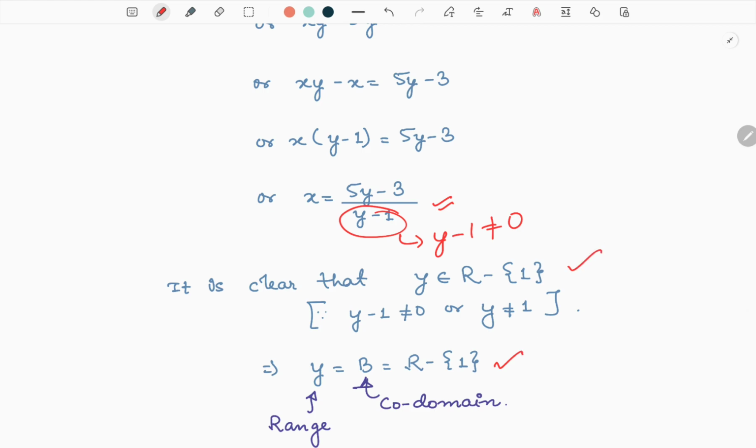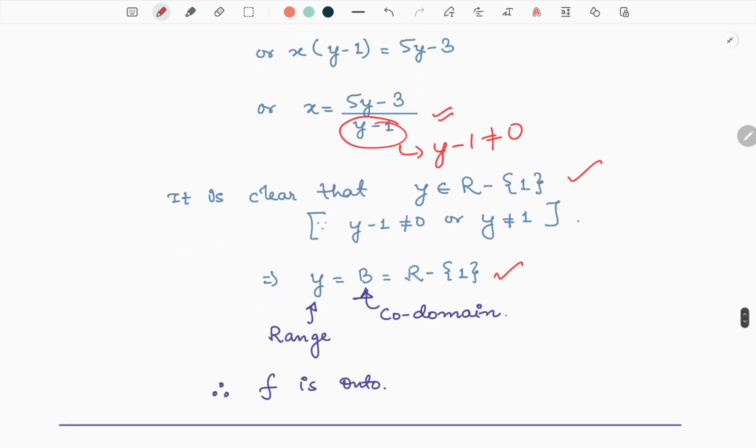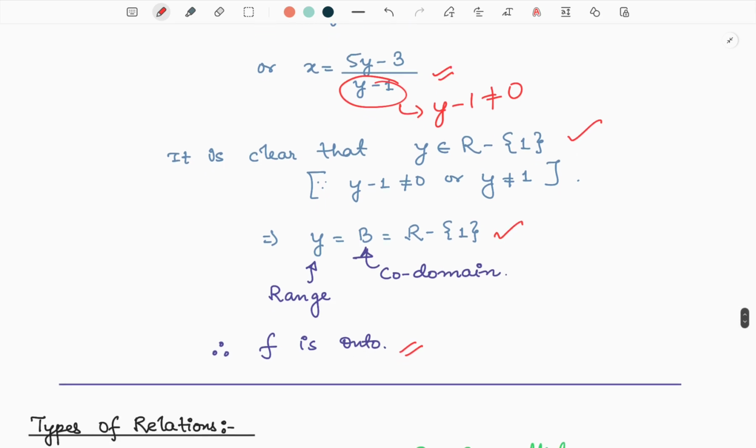That means range is equal to codomain, so this function is also onto. We were asked to find whether f is one-one or onto, so we can simply say f is both one-one and onto, and in that case we can also say f is a bijective function, because bijective means both one-one and onto.